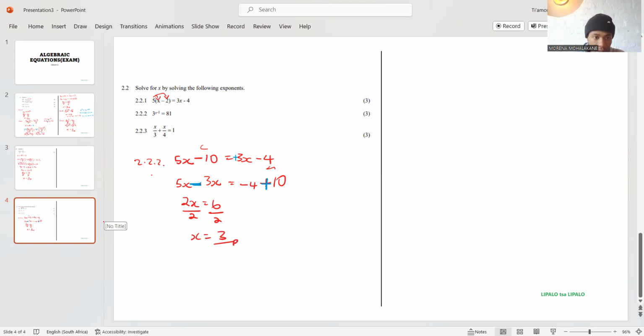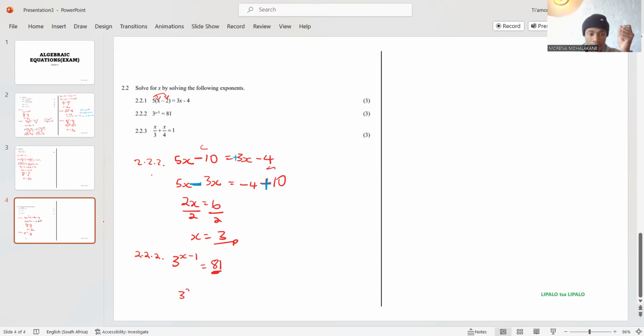Good. Now get into the second question. You have 3 exponent x minus 1 being equal to 81. So if you have a question like this, always change this to exponent form, right?